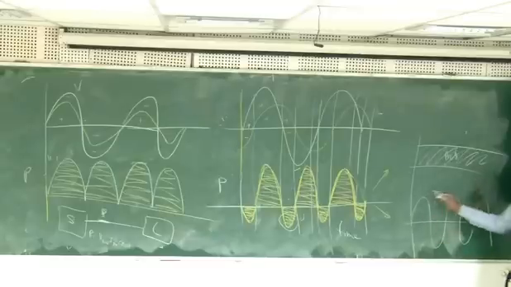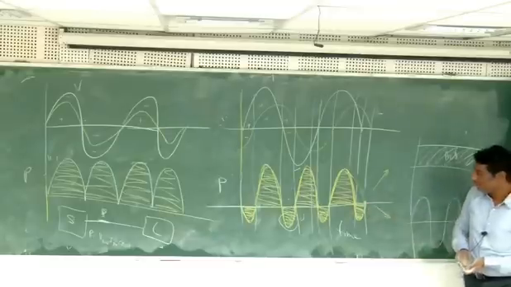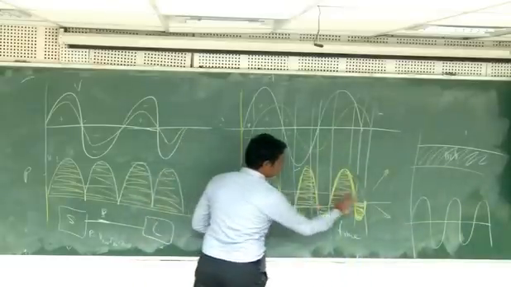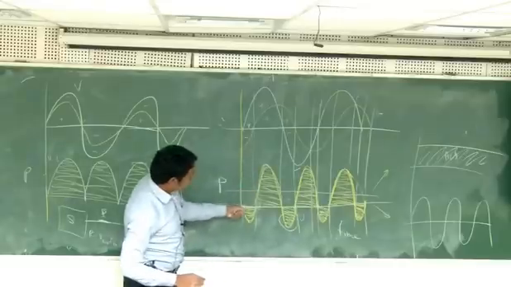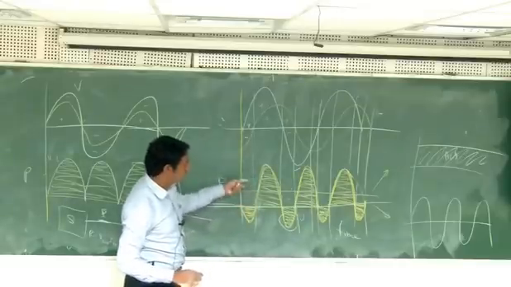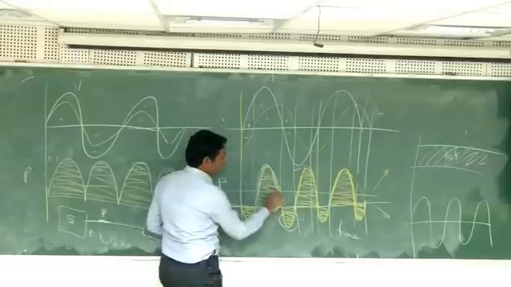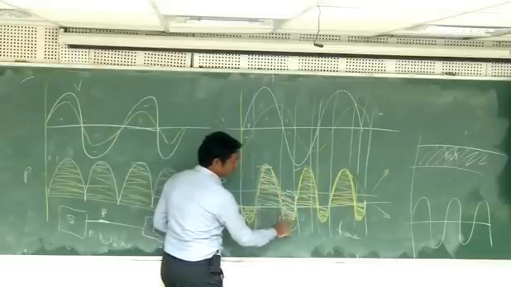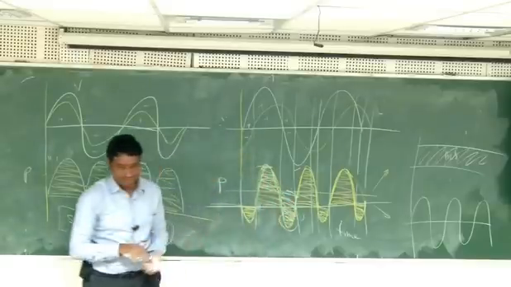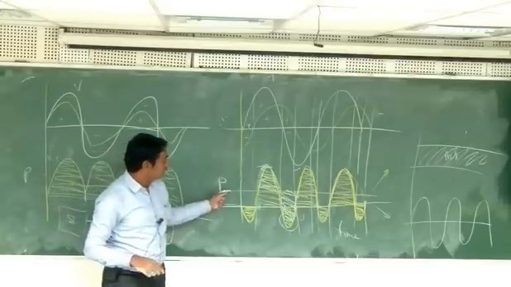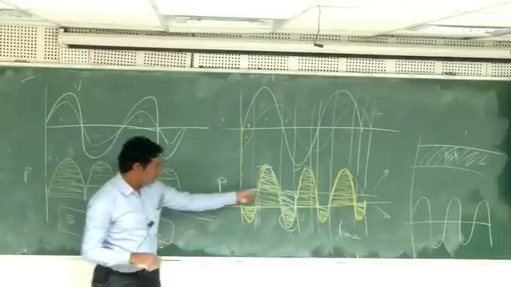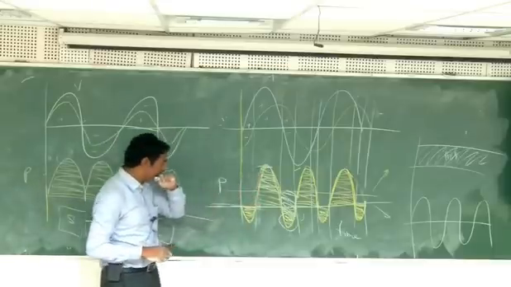These two added will give this one. Or if I simply lift the x-axis like this, then this part will be equal to this part, so these two will be equal, plus equal to minus will cancel. So how much you are shifting, that much is your active power, and the remaining amplitude is the reactive power.